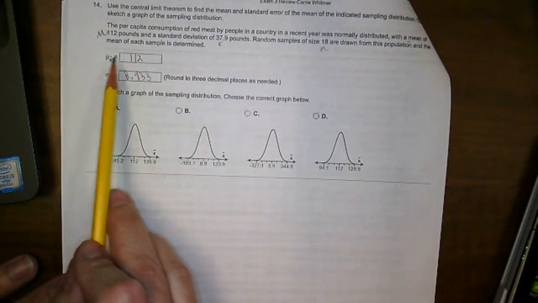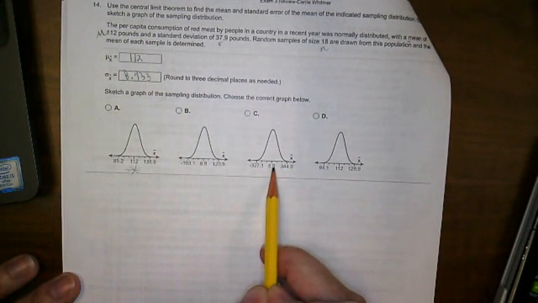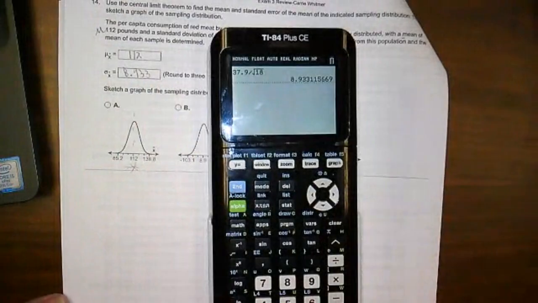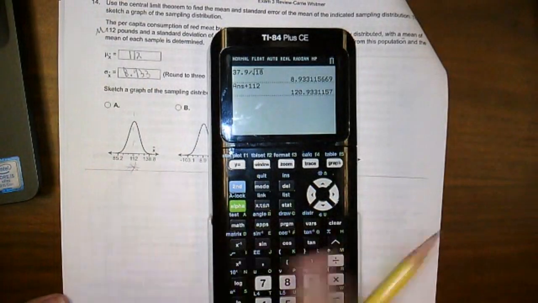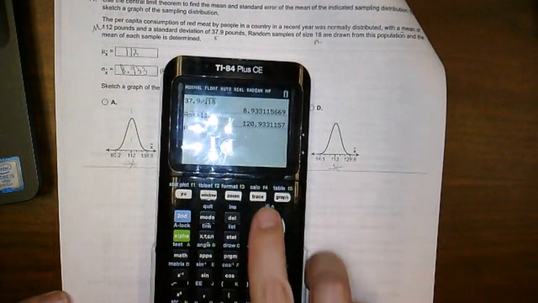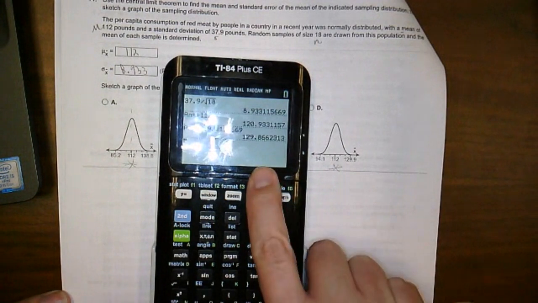So when I pick out my graph, I want the one where my mean is 112. So that's either here or here. Remember, your mean goes right down the middle there. Okay. So one standard deviation of 8.9. Well, if I add my mean to that, the first one would be 120. 2 standard deviations would be at 129.